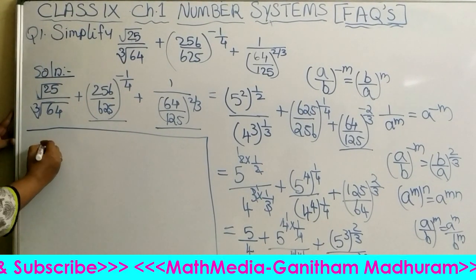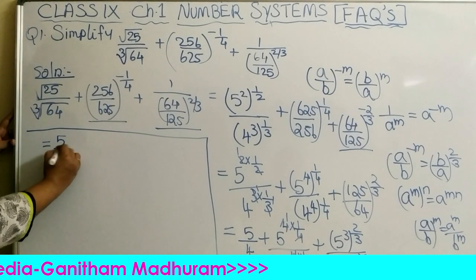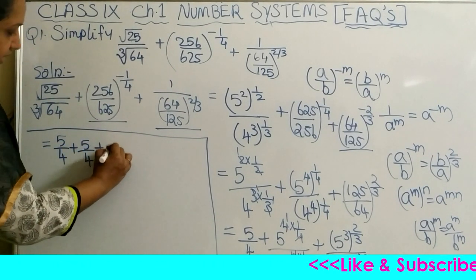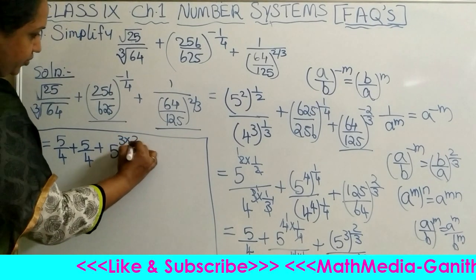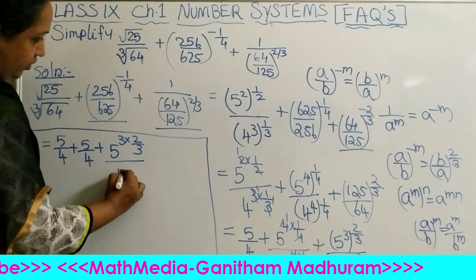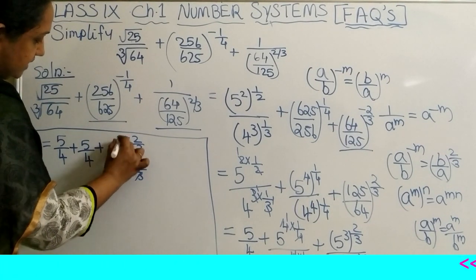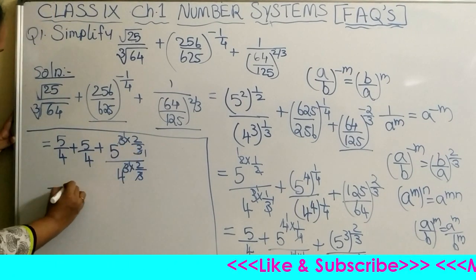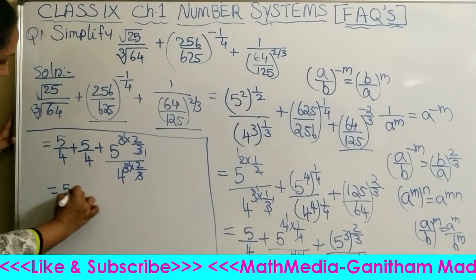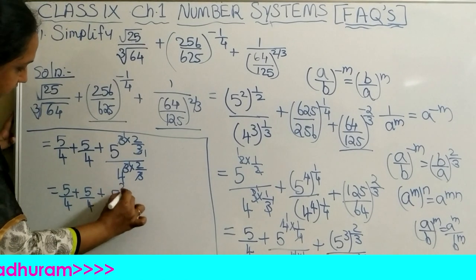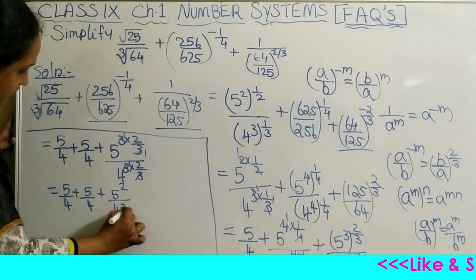Next we can start this: equal to 5/4 plus 5/4 plus 5^(3×2/3) upon 4^(3×2/3). 3 cancelled here. So we get 5/4 plus 5/4 plus 5² upon 4².